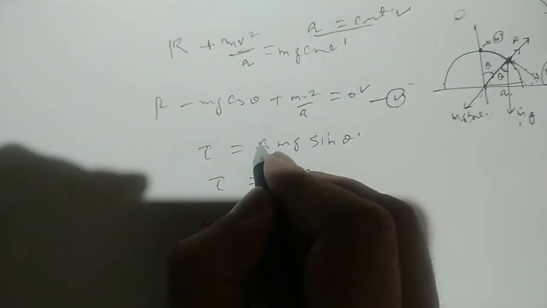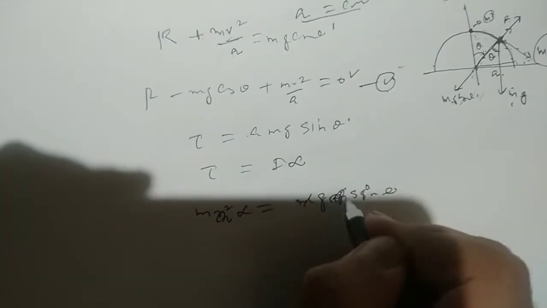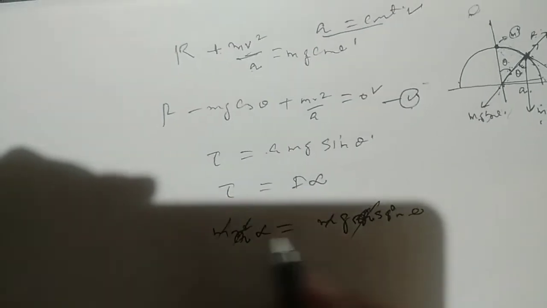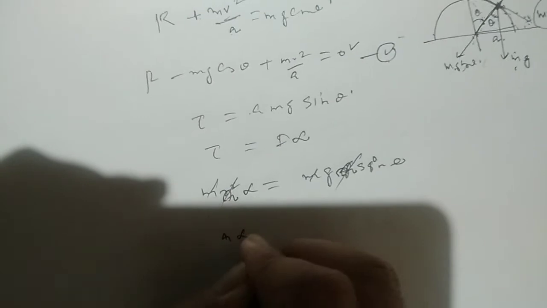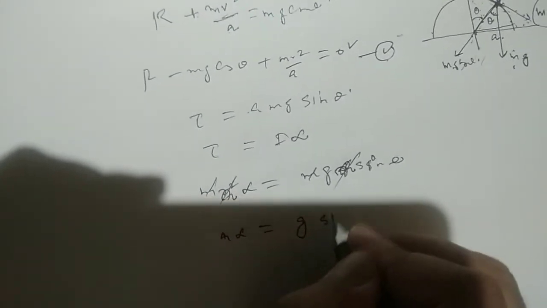With r as a, no issues here. a will cancel, m will cancel, and I will get alpha equals g sine theta by a.